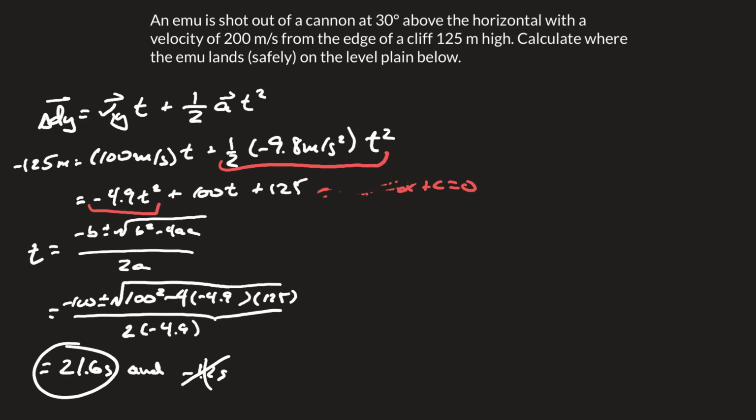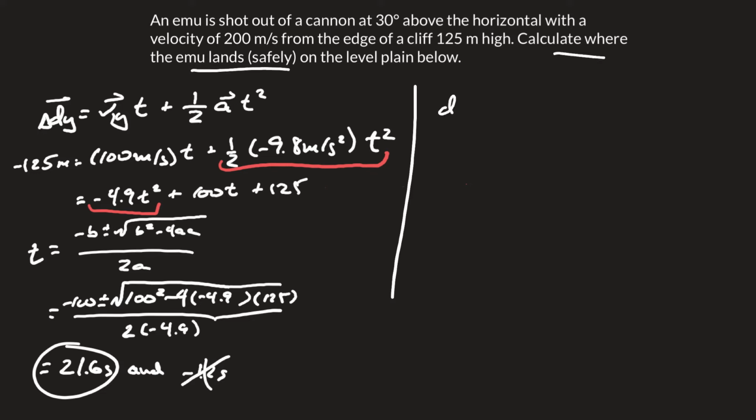We can use this value of time and plug it into our horizontal components to figure out how long it's going to take for the emu to land, and then obviously we can determine where it lands. So our horizontal component, we're just looking for where it lands relative to the cliff.